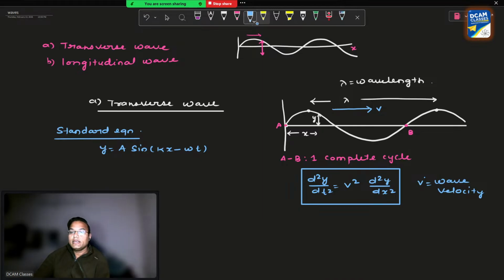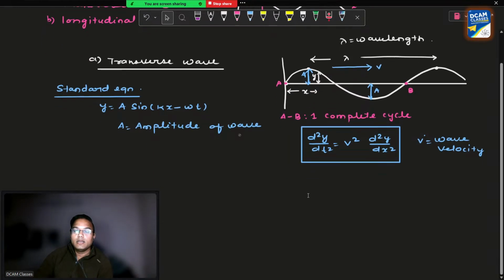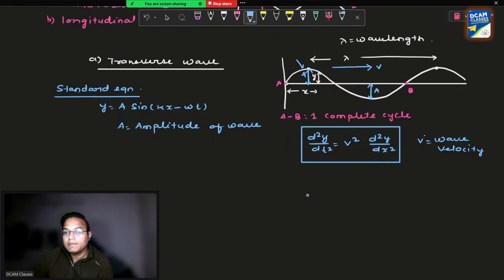What is A? A is the maximum displacement or amplitude, up and down. The upper part is known as the crest, and the lower part is known as the trough. Everywhere, this is crest, then trough, like that.